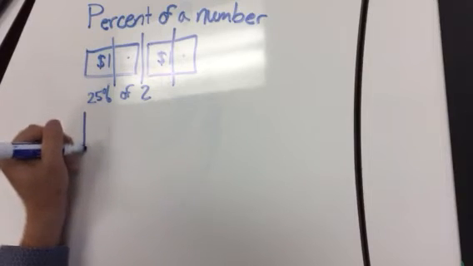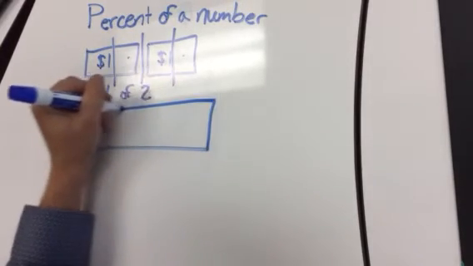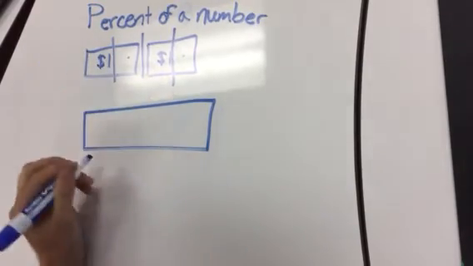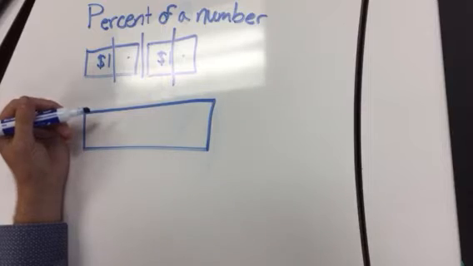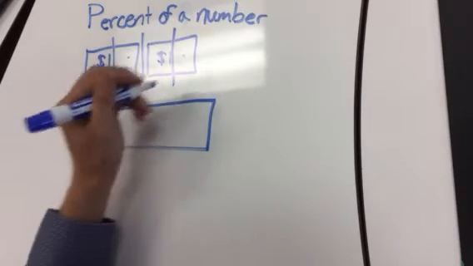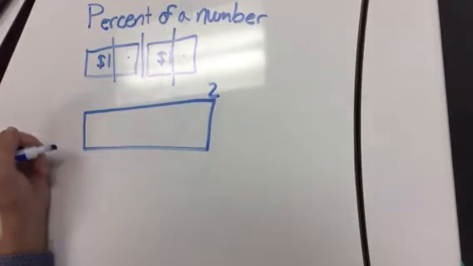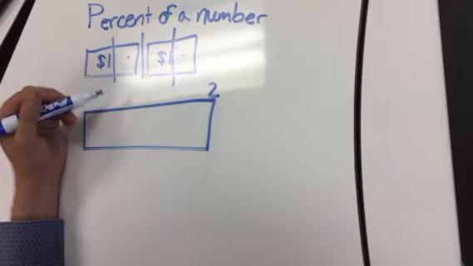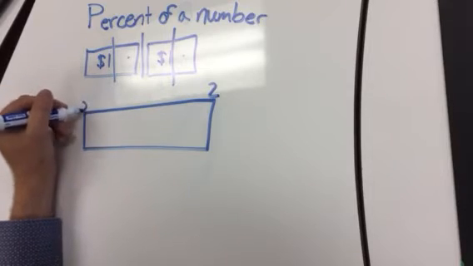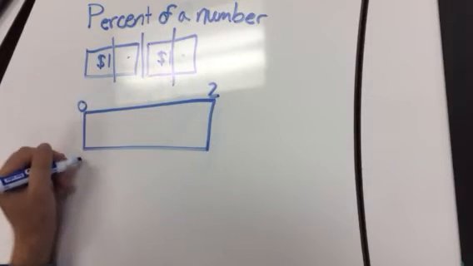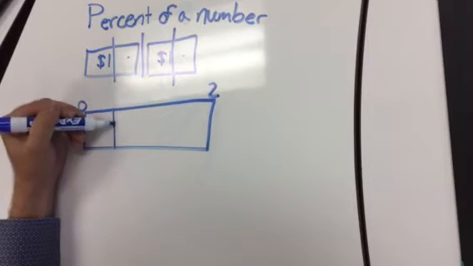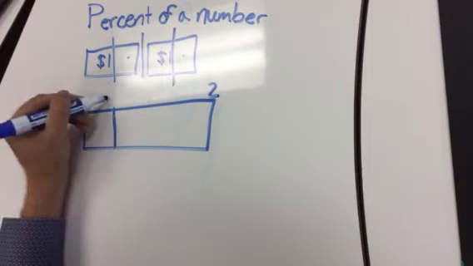And what I want you to be able to visualize is I'm going to use this bar method, and I'm going to use that to help us visualize how to solve this and how we get the answers that we do. If this whole bar represents 2, and I'm looking for 25%, and if this was 0, if I'm looking for 25%, that's not a whole lot of my total. 25%.